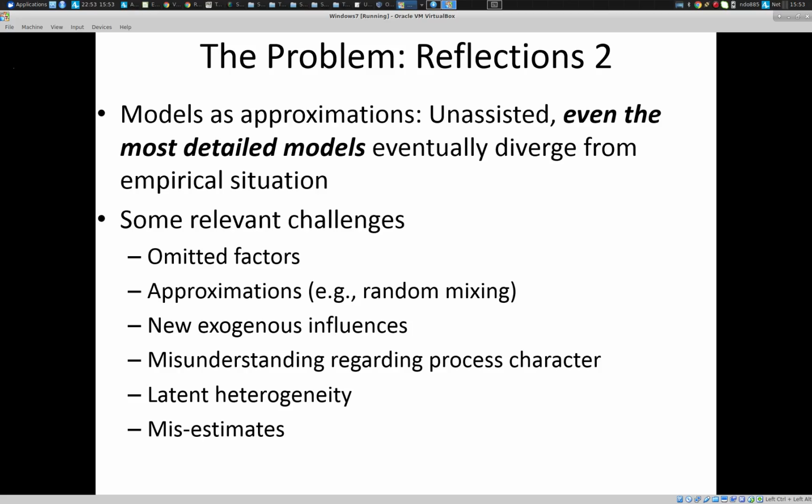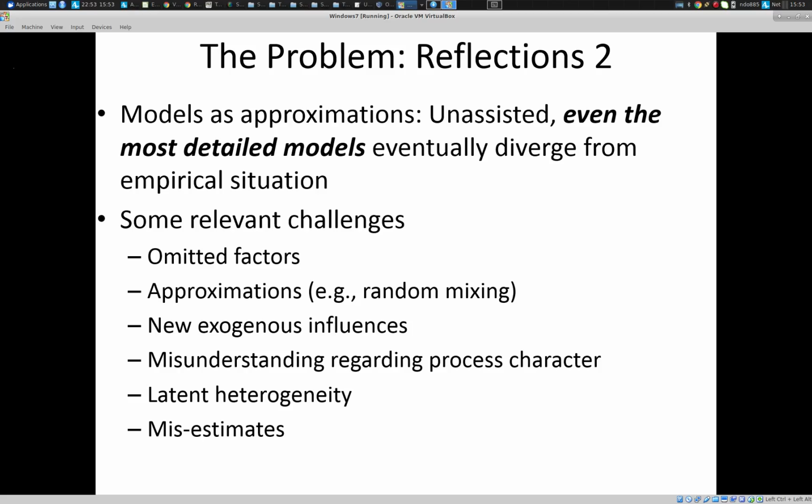So that's one reflection. That often we're stuck in this catch-22 where we'd like to build a model quickly to address an urgent policy issue, but where that model can't be nearly as grounded as we'd like because the data, the understanding isn't available yet.